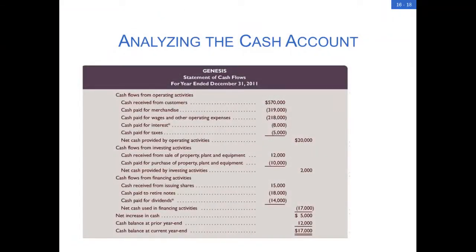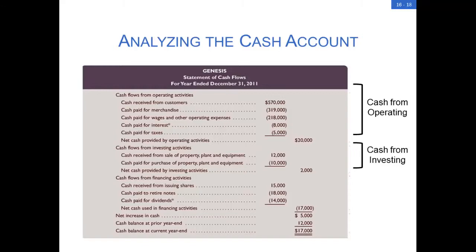So under the operating activities section, we have cash received from customers, cash paid for merchandise, cash paid for wages and other operating expenses, cash paid for interest, and cash paid for taxes. Under the investing activities section, we have cash received from sale of property, plant, and equipment, and cash paid for purchase of property, plant, and equipment.